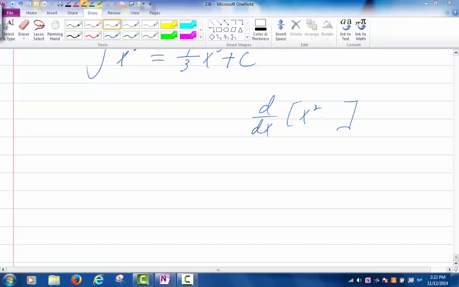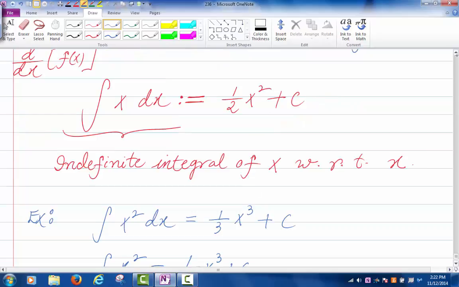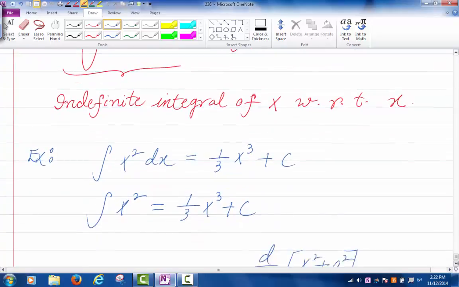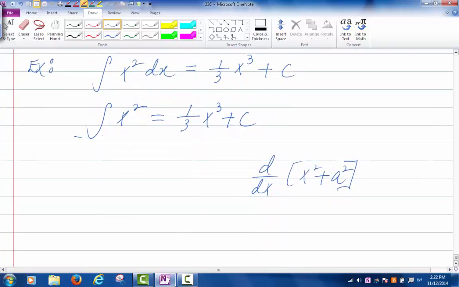For example, let's say I have a function which looks like x squared plus a squared. In that case, which one is the variable, a or x? So that's why I have to specify that I'm taking the derivative with respect to x. Same way, the problem with this notation is, what if I have an integrand that looks like x squared plus y squared?